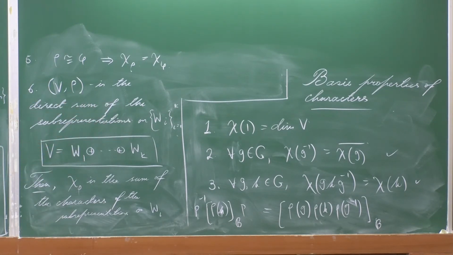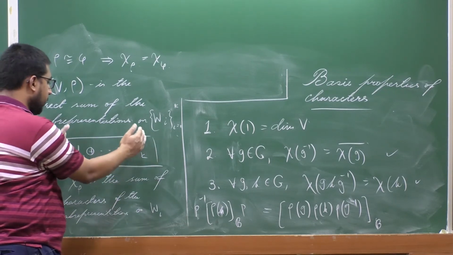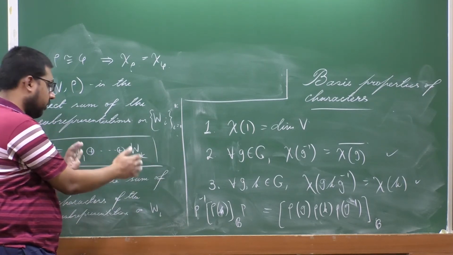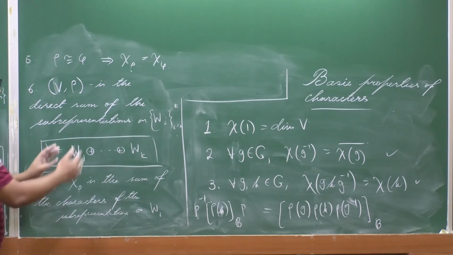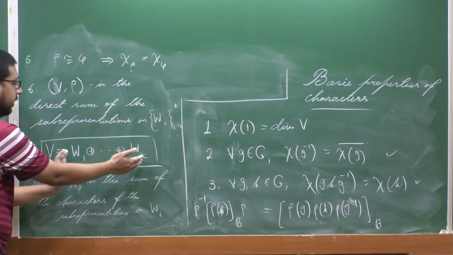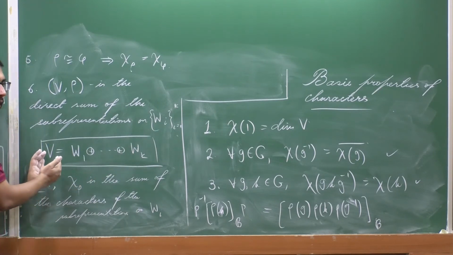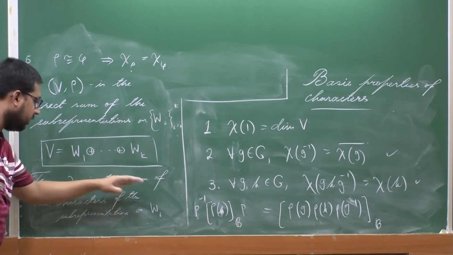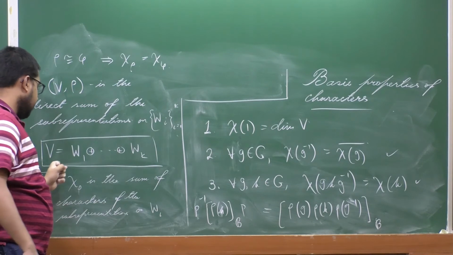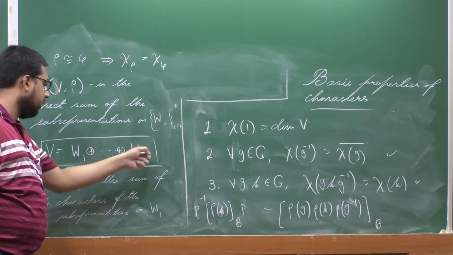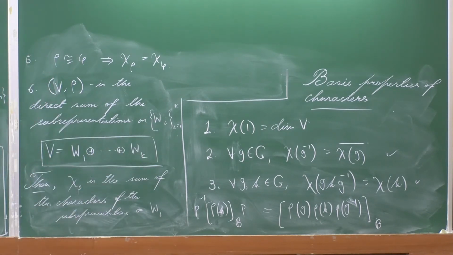And when things are G invariant, then this direct sum representation is isomorphic to the representation on V, and for the direct sum representation we know its character is going to be the sum of the individual characters, and this says that the character rho is going to be the sum of the characters corresponding to the subrepresentations.